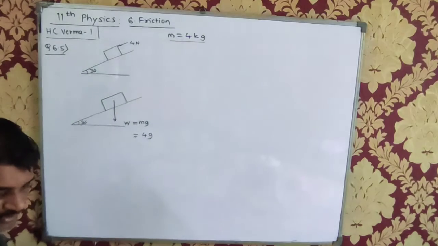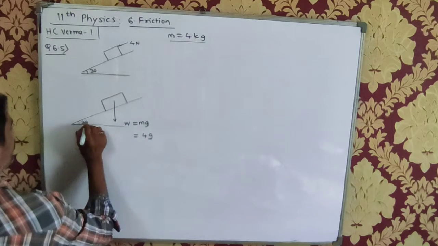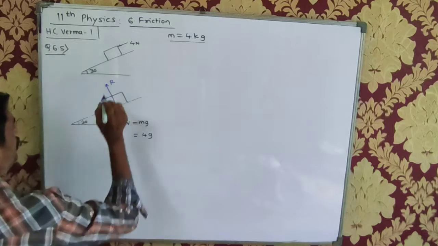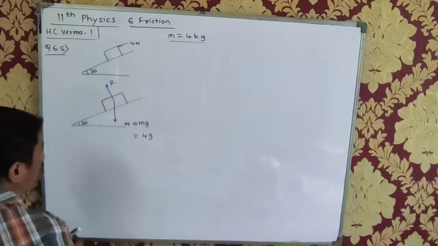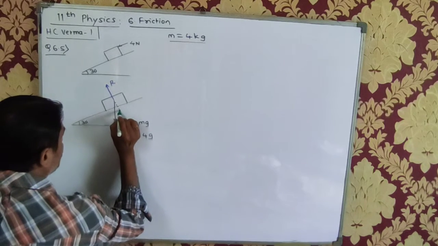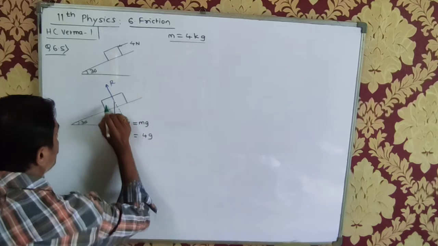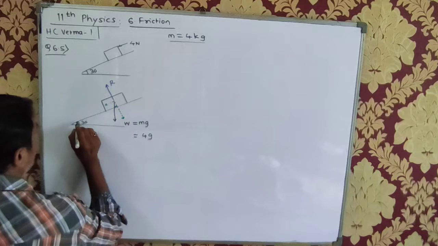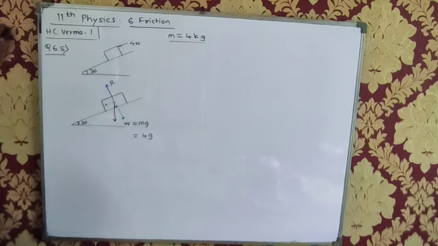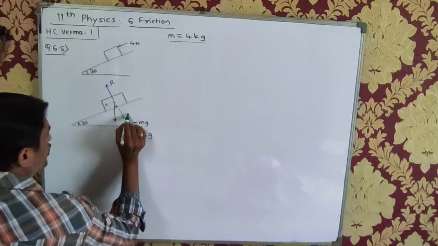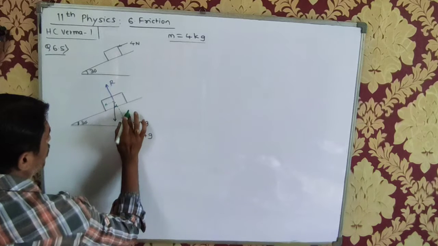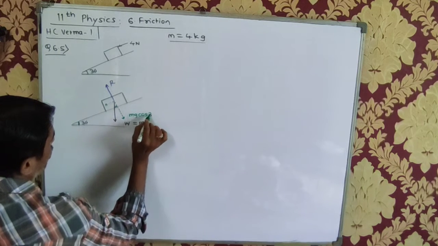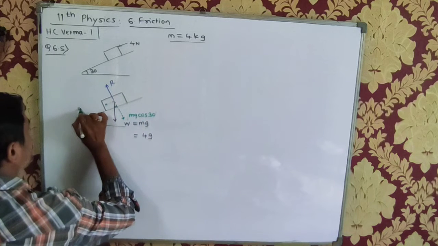Now let me resolve this along the plane, and this will be the normal reaction R. Let me resolve this perpendicular to the plane and along the plane. So this angle is also theta. So which is cos? Down. So this is mg cos theta.